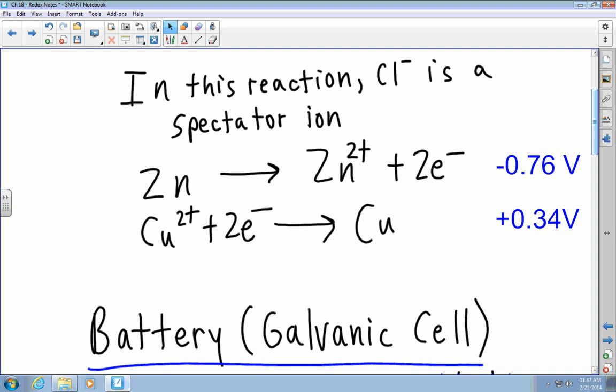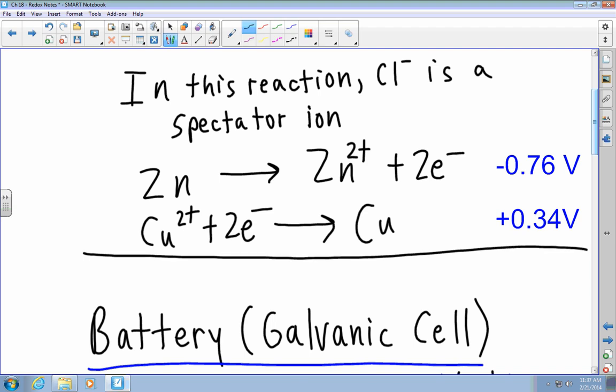And for the copper, Cu2 plus plus 2 electrons, the reduction potential for that is positive 0.34 volts. So if we add up the reactions, we will get the overall reaction.